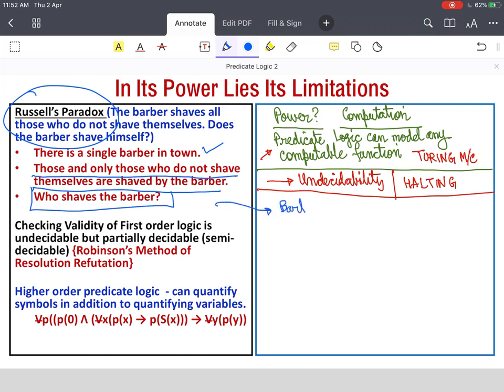Now, there are two options. Either the barber shaves himself. But if the barber shaves himself, then this sentence is violated, because the barber shaves only those who do not shave themselves. So this is not possible. The other possibility is someone else shaves the barber.